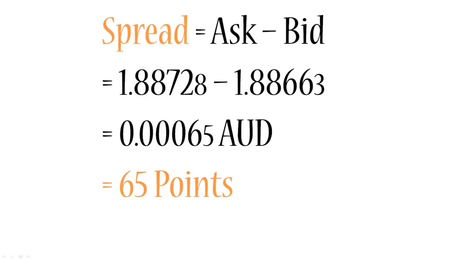In this case, the minimum change is 0.00001, and if you multiply that by 65, then you will get your spread. So the spread is 65 points. On the other hand, the spread is approximately 7 pips. You can say 6.5 pips, you can say 7 pips, doesn't really matter.